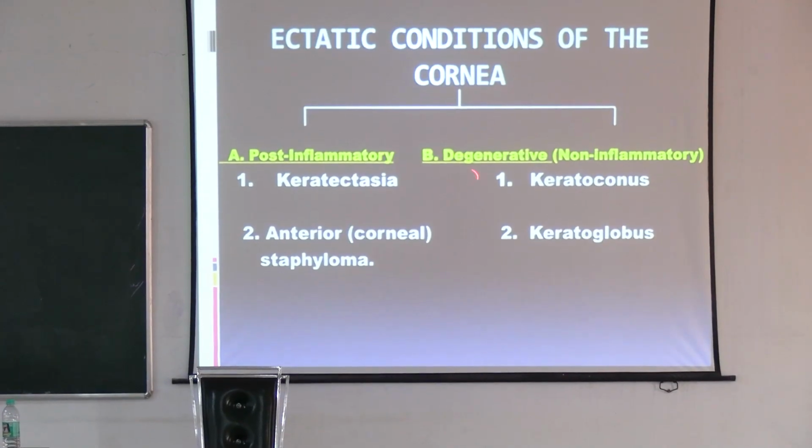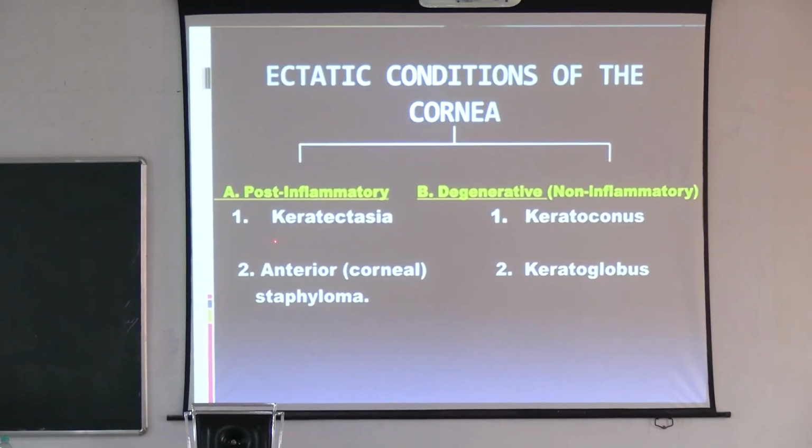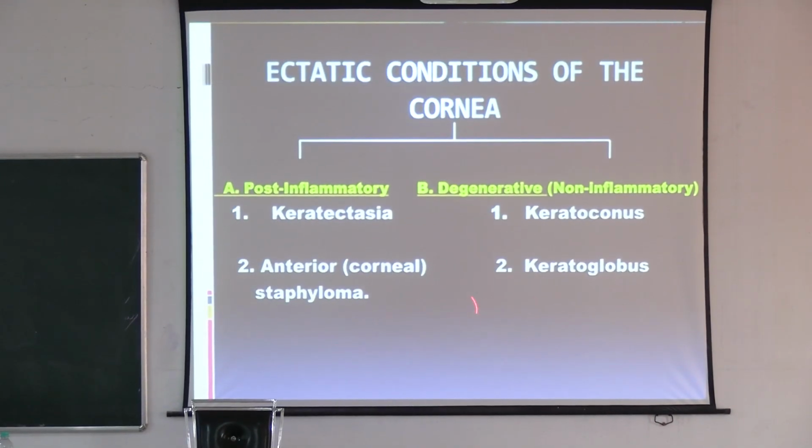It occurs as a sequela of corneal ulcer, and the second one is anterior staphyloma, which occurs after perforation of the corneal ulcer. These are sequelae of corneal ulcer. The degenerative processes are keratoconus and keratoglobus. What is keratoconus? The corneal shape changes into a cone due to thinning of the center part.